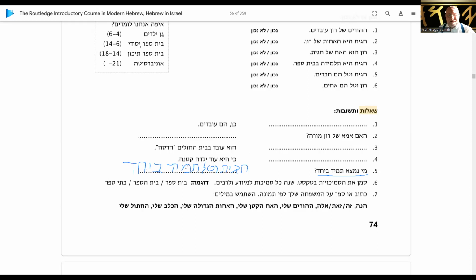Okay, so Hagit veTal tamid beyachad. So the question is mi nimtsa tamid beyachad? Who is always located together, or who is always found together? And the answer is Hagit veTal tamid beyachad. So let's see what their answer is for number 5.